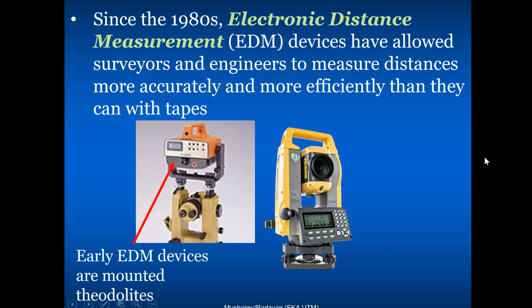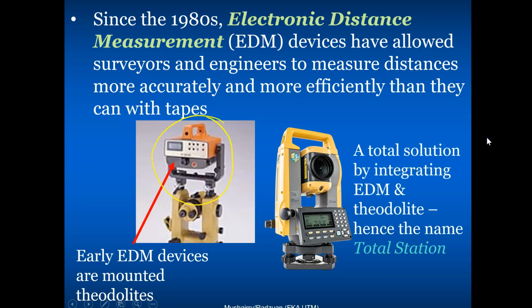We have early devices, as shown earlier, that mount on the theodolite, but these days most people are using a total station, simply because it's quite reachable in the sense that it's not very expensive, and it can provide you with high accuracy.